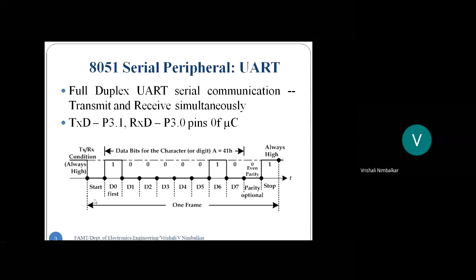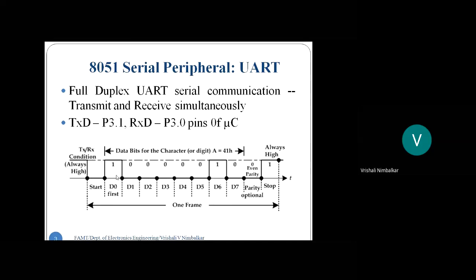From the names themselves, the start bit and the stop bit are indications to the receiver. As soon as the receiver gets the start bit, it understands that immediately next it is going to receive 8-bit data, one bit after the other. And what is received first? The LSB. The D0 bit is received first, then D1, D2, and so on.